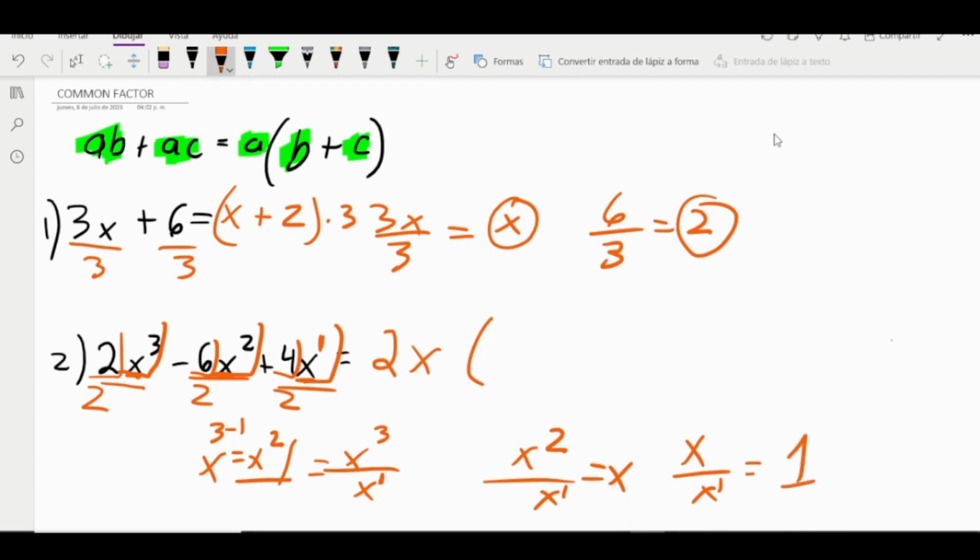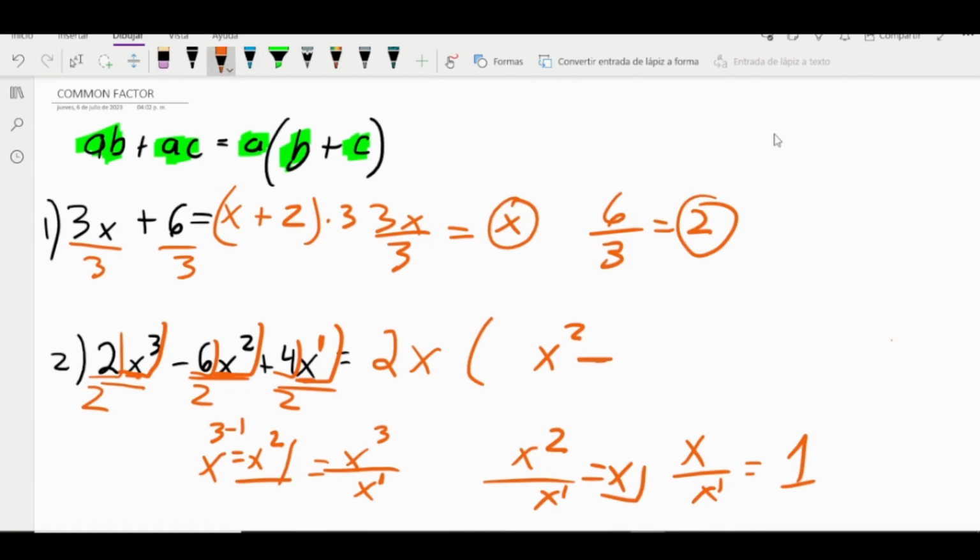So these are going to be the variables with the exponents that we need to put inside the parentheses. So here, we need to say 2x times x squared, but remember, the coefficient is going to be 1, so it's going to be 1x squared. We can omit this.